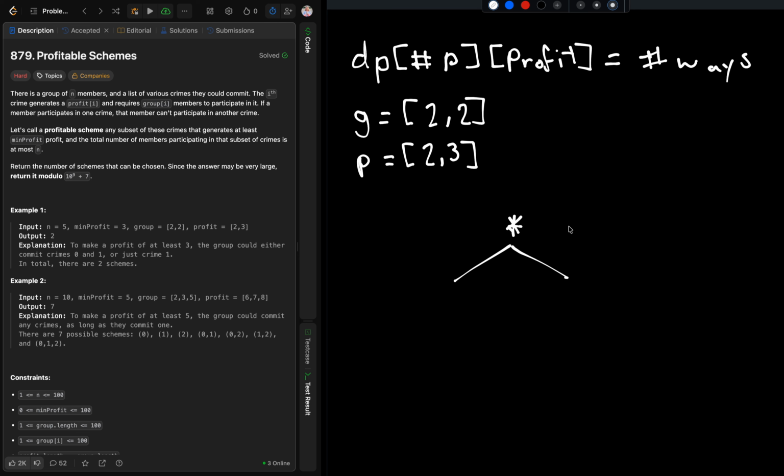So the current number of people is 0, and we've made 0 profit. At this point, we want to explore when we take it versus when we don't. So this is don't take, and this one is take.